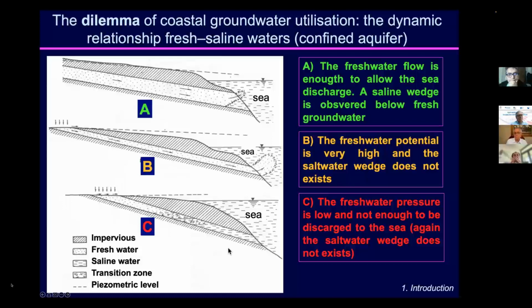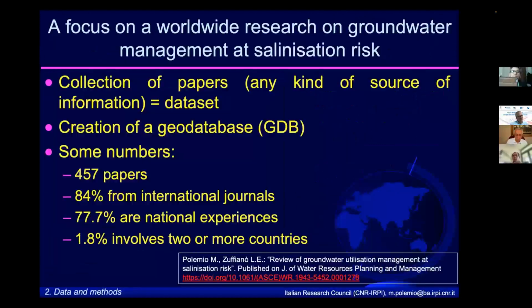So our capacity to use this kind of groundwater should be able to avoid this event, so discharging water is possible while avoiding the salinization of the resource. This is our dilemma: to discharge, but not enough to reduce the availability and the quality of groundwater.